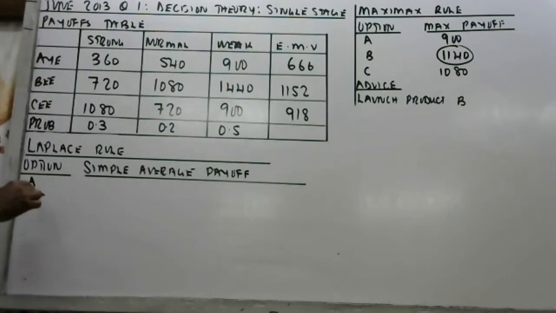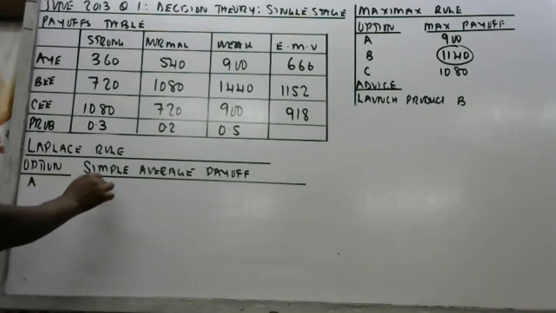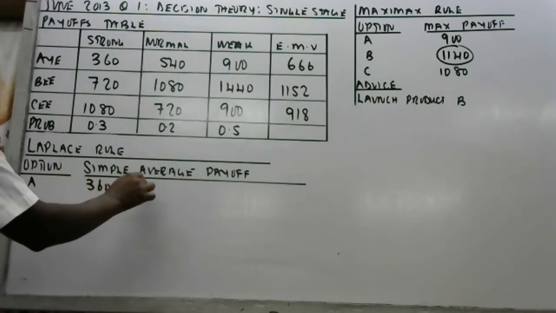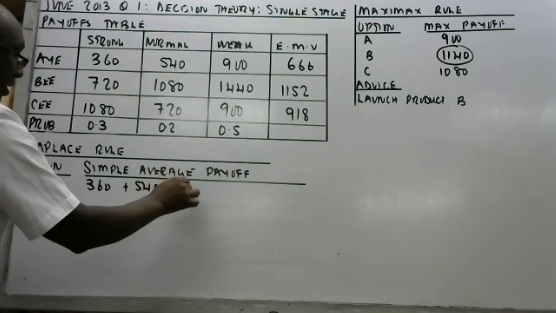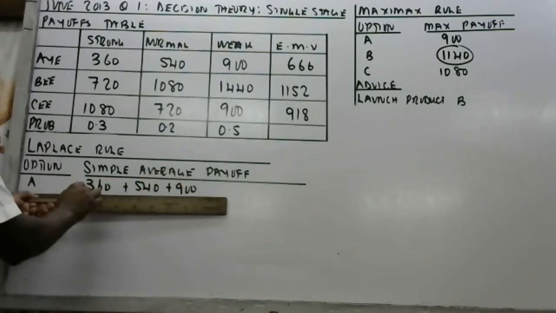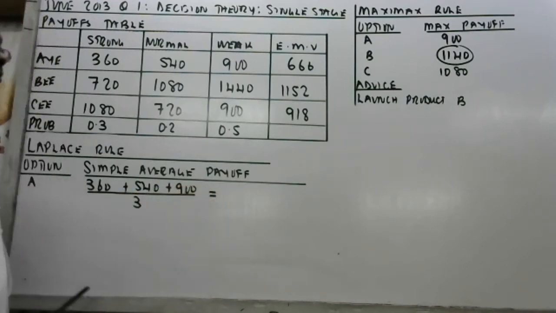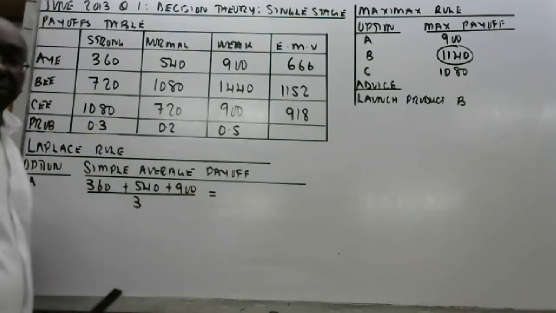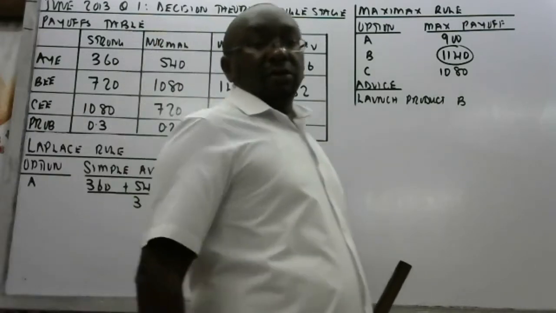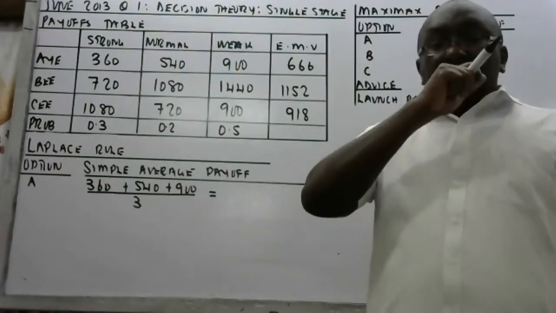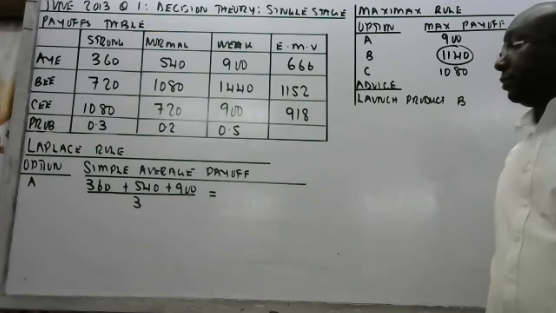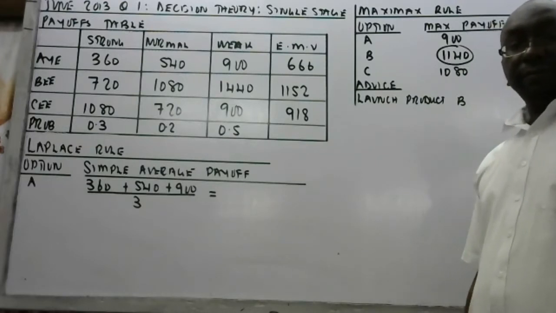So starting with A, you take 360 plus 540 plus 900. You divide by 3 because there are 3 outcomes.